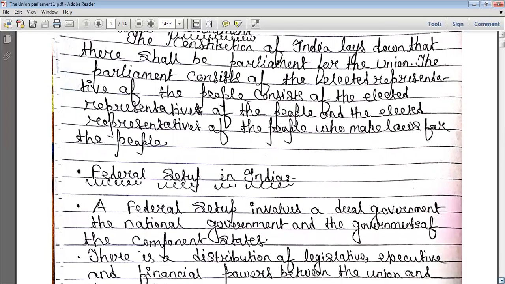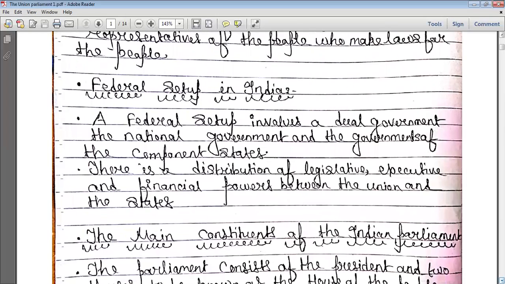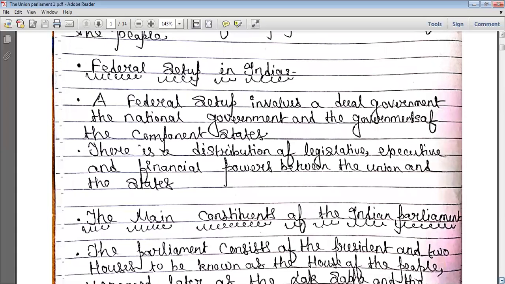Next we are moving to the next point, federal setup in India. What do you mean by federal setup? A federal setup involves a dual government, the national government and the government of the component states. That means the government is divided into the national government, or the central government, or the union government, and the government of the provincial states.